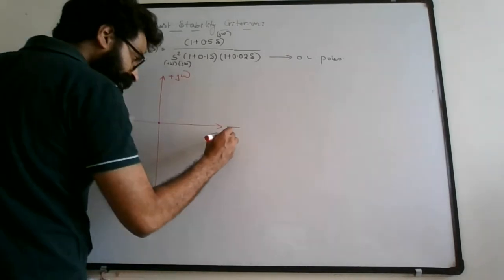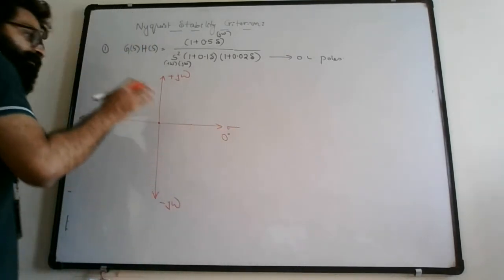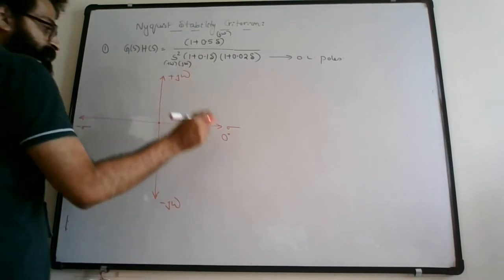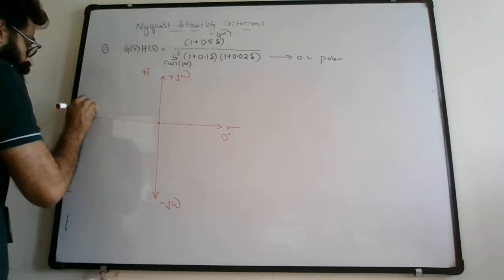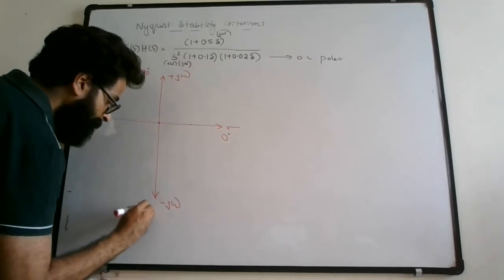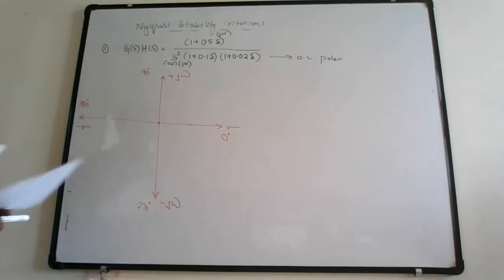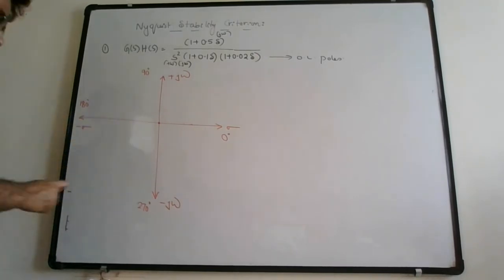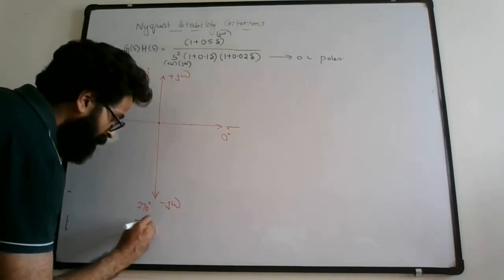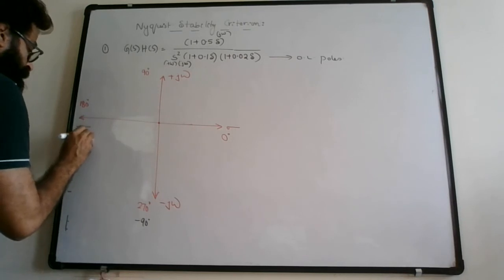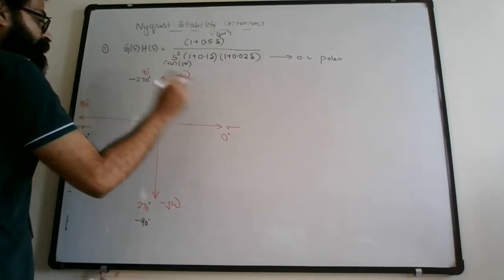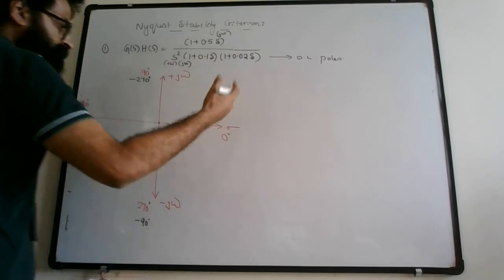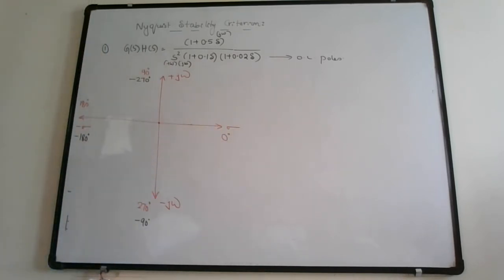You also write down the angles, both in positive sense and in negative sense. So this is 0, 90 degrees, plus 180, plus 270 degrees. You can also write it in clockwise sense: minus 90 degrees, minus 180 degrees, minus 270 degrees, and 0 degrees or 360 degrees.